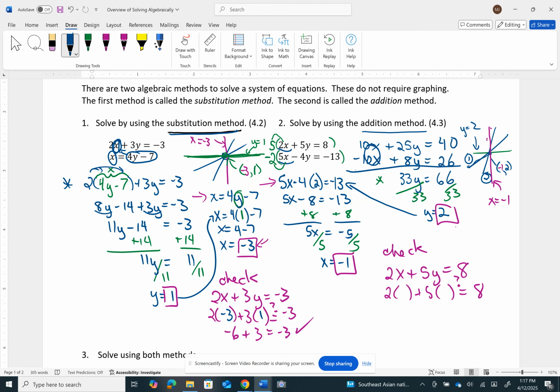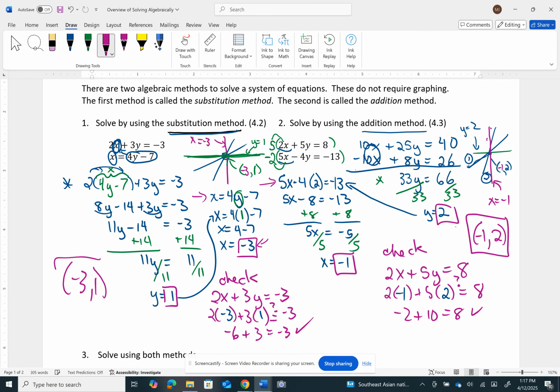So plug in the 2 for the y, the negative 1 for the x, and double check that that works. And there's negative 2 plus 10, which does equal 8. So I know that on this one, the point of intersection is negative 1, 2 for sure. And on this one, the point of intersection was negative 3, 1 for sure. Okay, so if you've got a little extra time, be sure to do those checks.